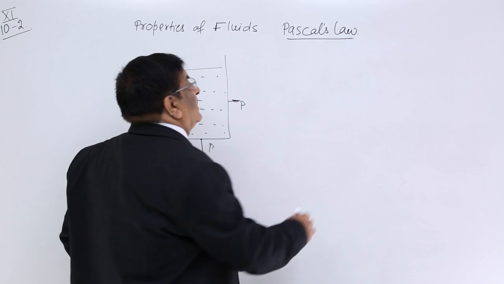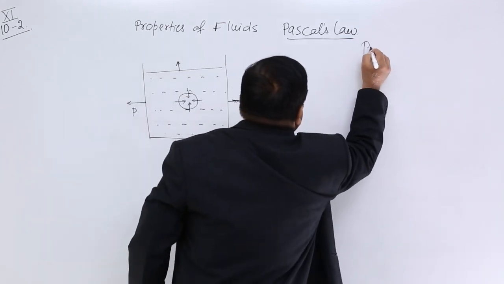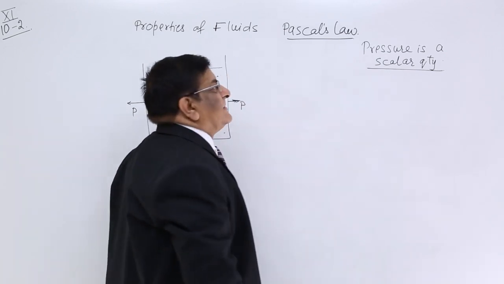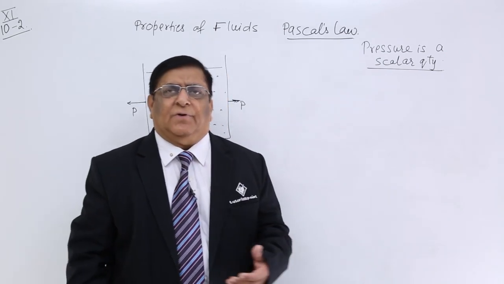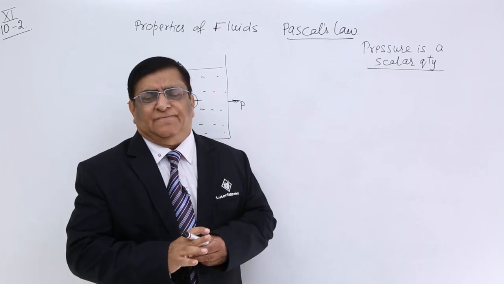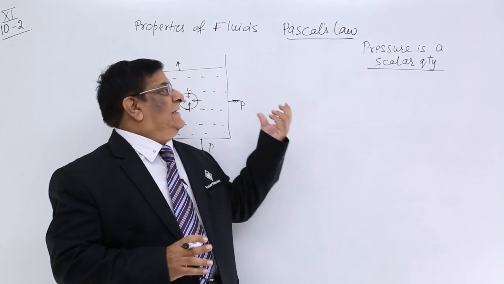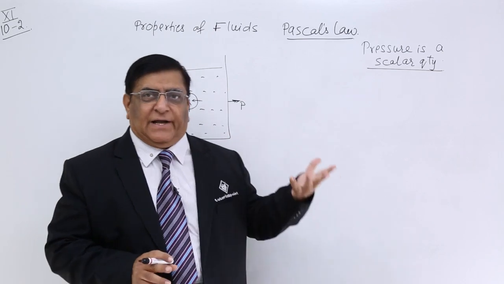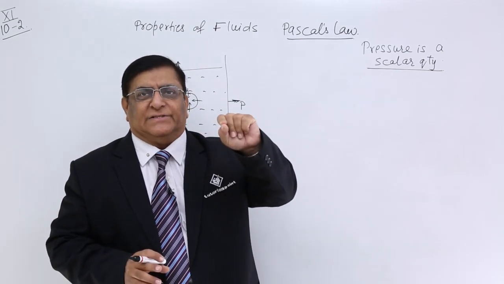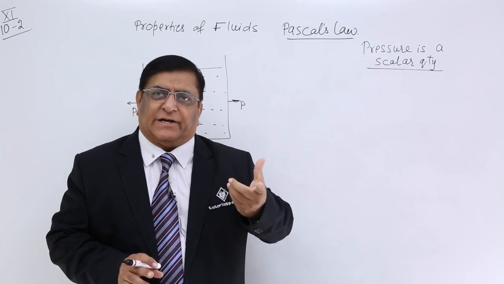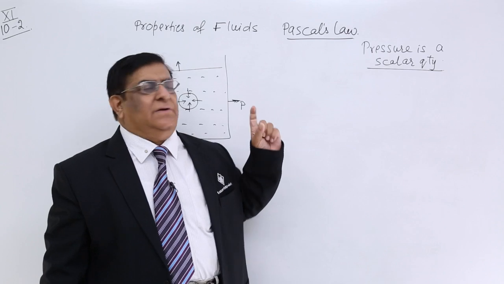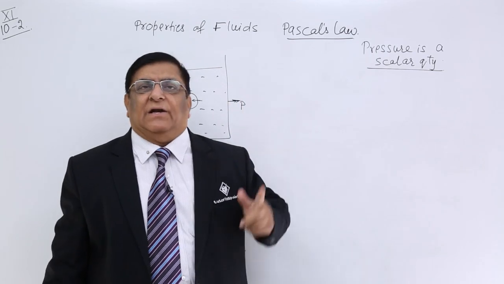So please remember that pressure is a scalar quantity. Some people are trying to tell students that it has a direction, but at the same time it does not have a particular direction. So it has some properties of a vector, but it's not a vector. Similarly, because it has direction at any one point, we cannot call it a scalar.